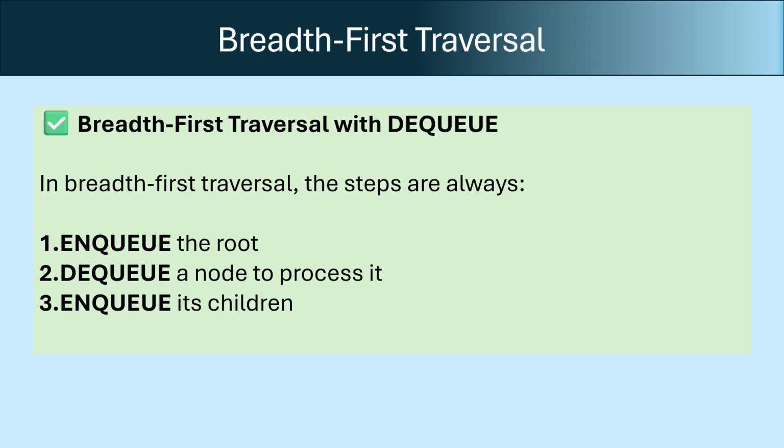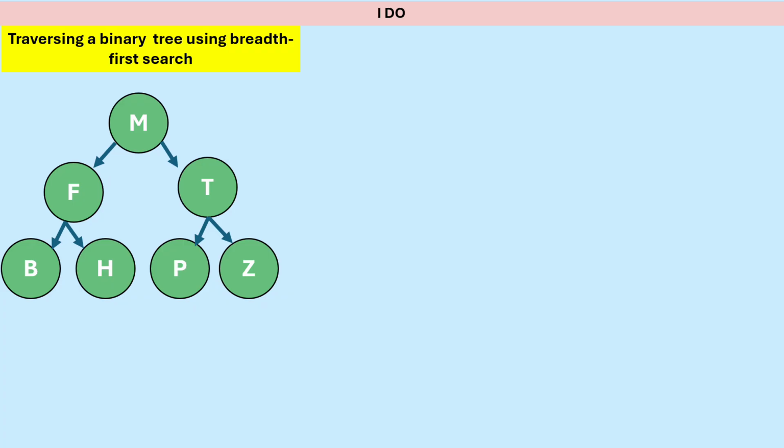And we repeat steps 1, 2, 3 until the queue is empty. I'm now going to demonstrate how that will look. So we're going to traverse through this binary tree using breadth first traversal. We're going to start with an empty queue and enqueue root M.